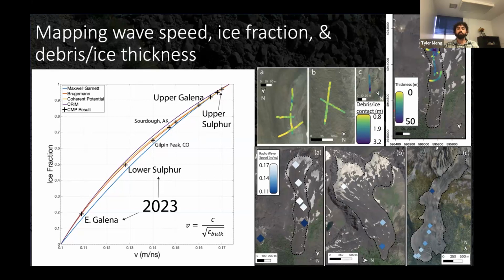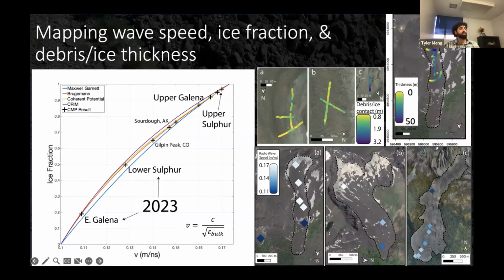Anything that doesn't exhibit a very pure ice value is more consistent with a rock glacier, because there's more interstitial ice mixing and lower ice content. I don't know if that's a rigorous classification, but on Galena Creek here, you can see it quickly transitions from this 0.17 very pure ice value, and then we have a break in slope here where we see this debris-covered glacier quickly transitioning into a rock glacier.